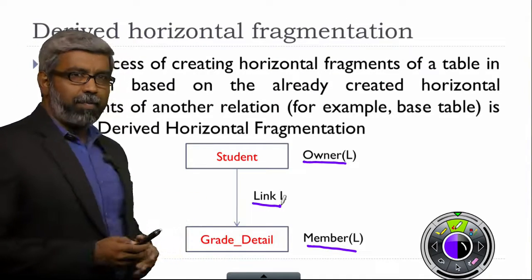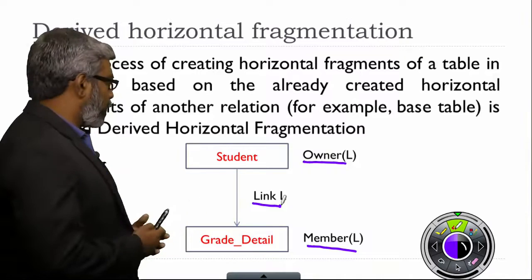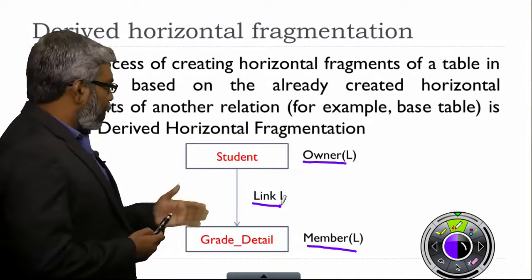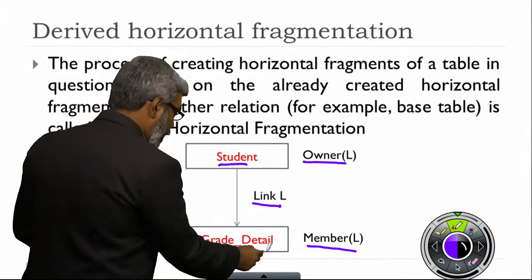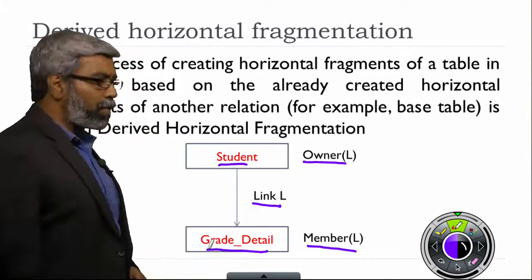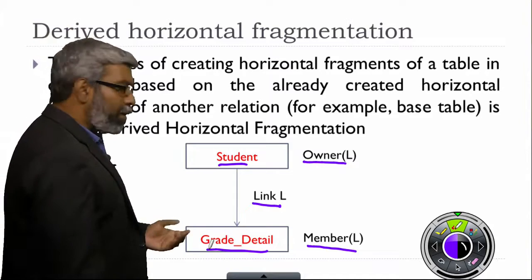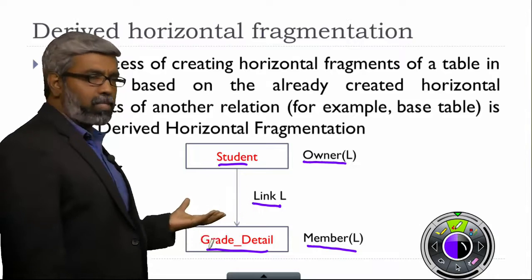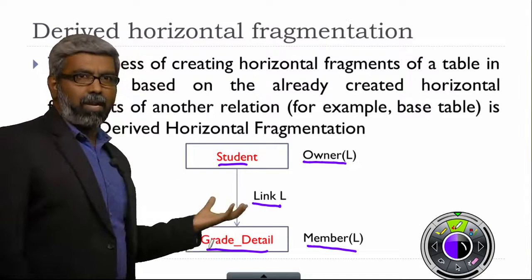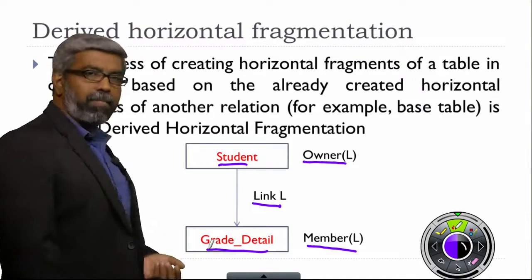So which is the table? Let us take, for example, these two tables, student as well as grade detail. Both tables share an attribute which is common in domain, the permitted values stored in these two tables.